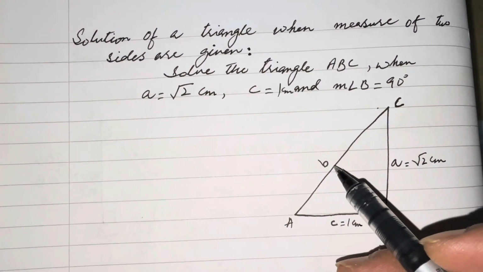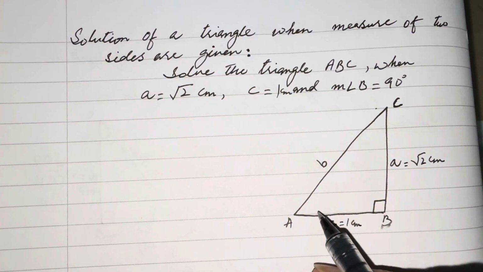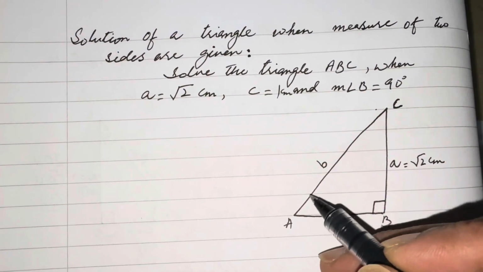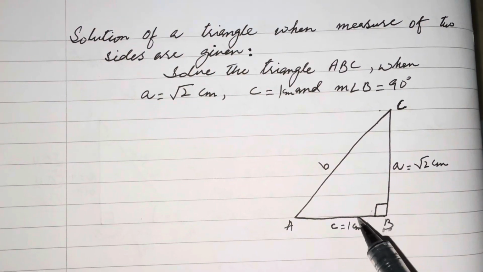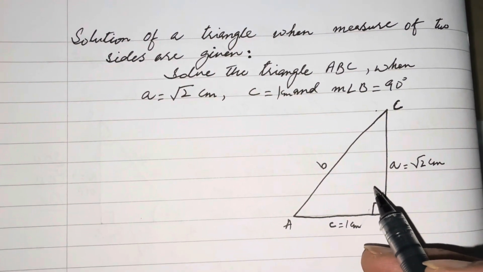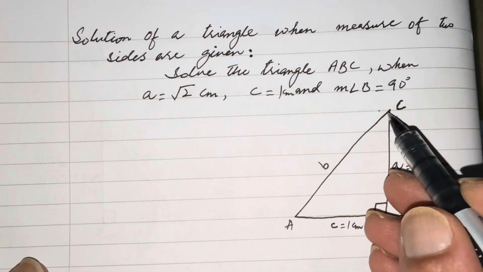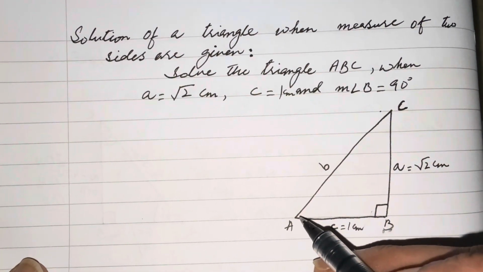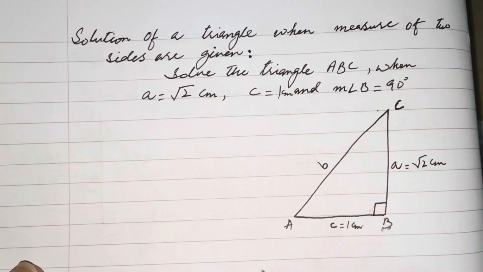So these are the two sides that are given, and we can find the length of this side by using the Pythagoras theorem. This side AC is the hypotenuse of the right angle triangle.